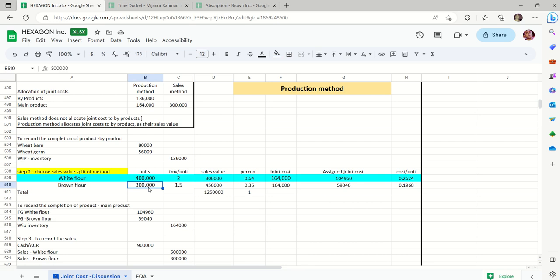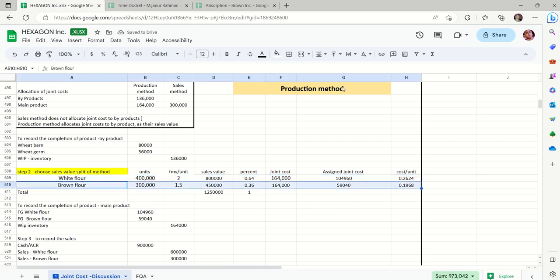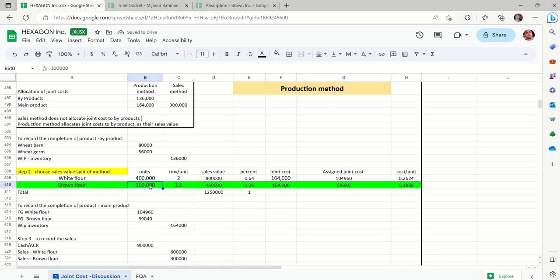And then we move to line 2 right there, highlighted in green. We simply multiply 300,000 with $1.50. That would give us 450,000.